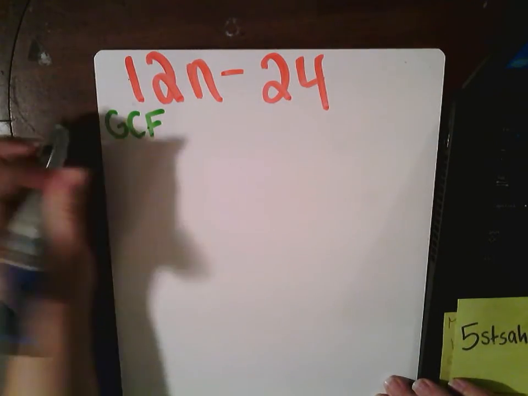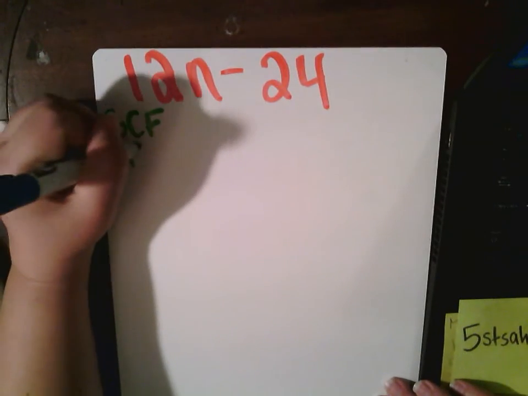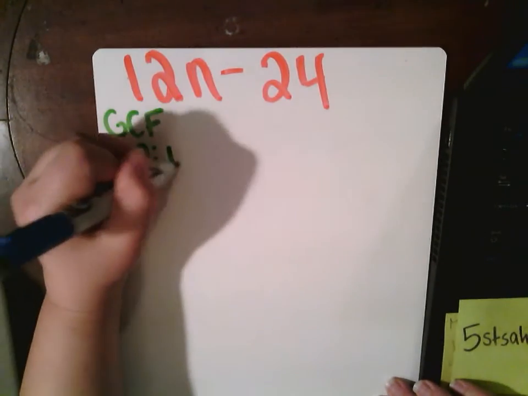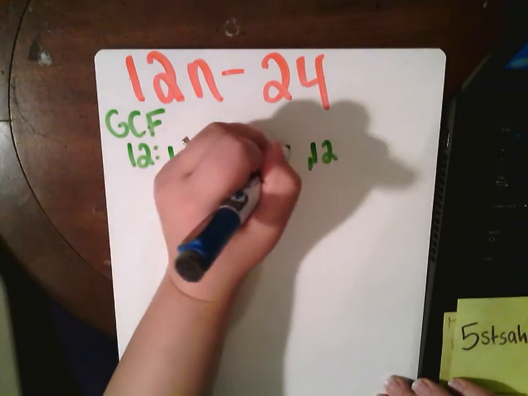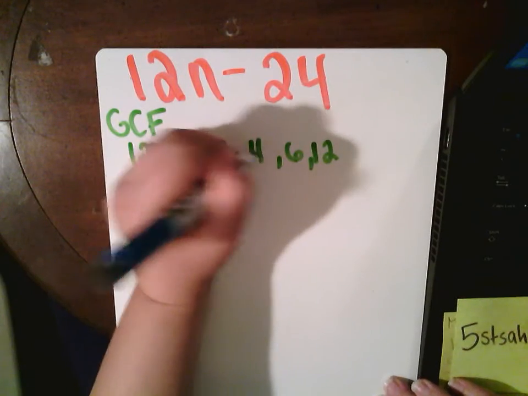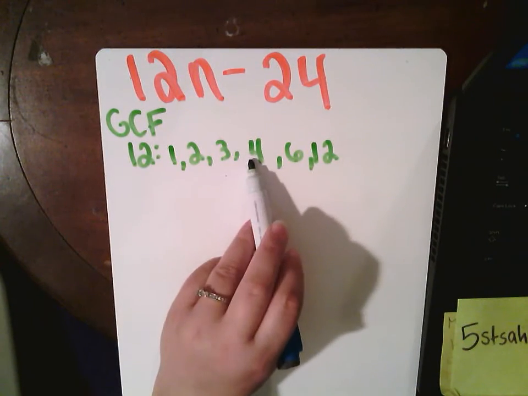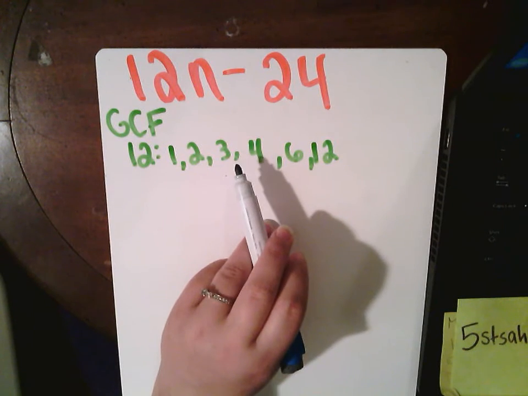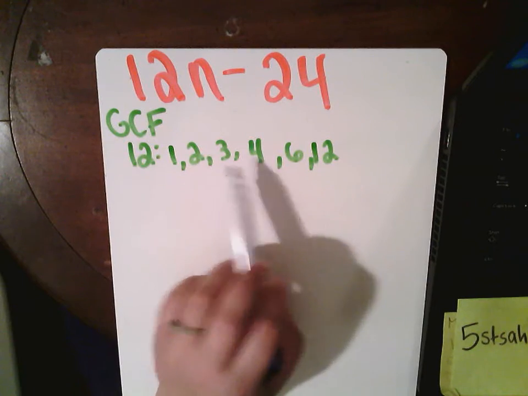we need the greatest common factor of 12 and 24. So our factors of 12 are 1 and 12, 2 and 6, 3 and 4. Alright, so since there's no number in between 3 and 4 besides like 3.2, 3.5, 3.6, there's no other factors of 12.